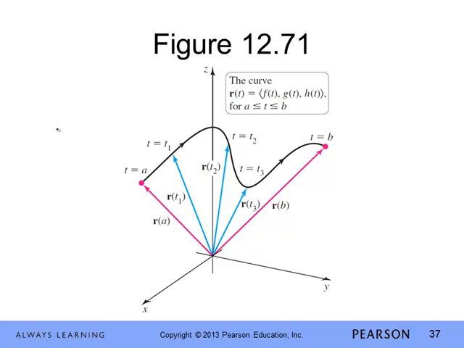Now, moving beyond lines, let's just talk about curves in general. Of course, as we have R of t equal to these 3 components for the x, y, and z components, they're all functions of t, over some range of values for t.